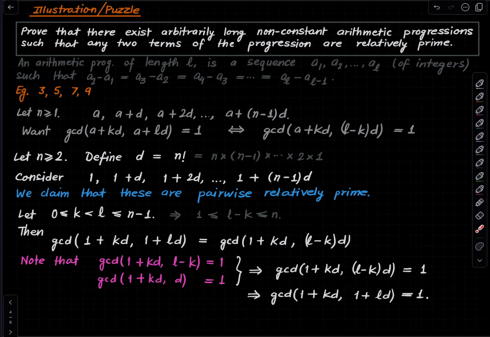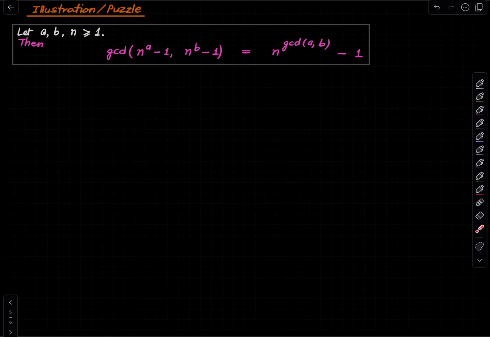All right, so one last thing for today. This is also very interesting. We have three numbers, all three of them positive integers. We want to show that the GCD of this number and that number is very interestingly this number. So the power is just replaced by the GCD.